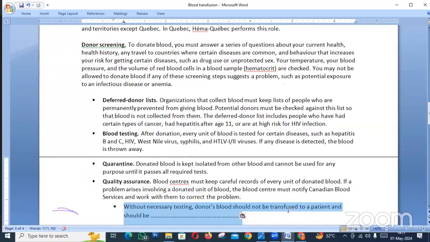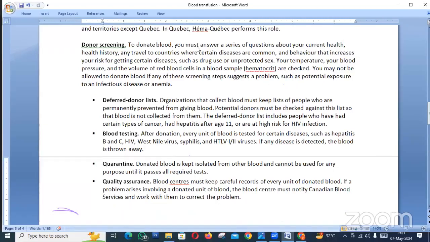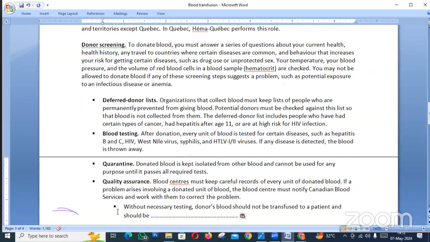Can you find the answer here? No, sir. Can you find all of your keywords? Yeah, isolated, I think the answer would be. Very good. So what is your answer? Isolated, should be kept isolated. Okay, write in the chat what is your answer.